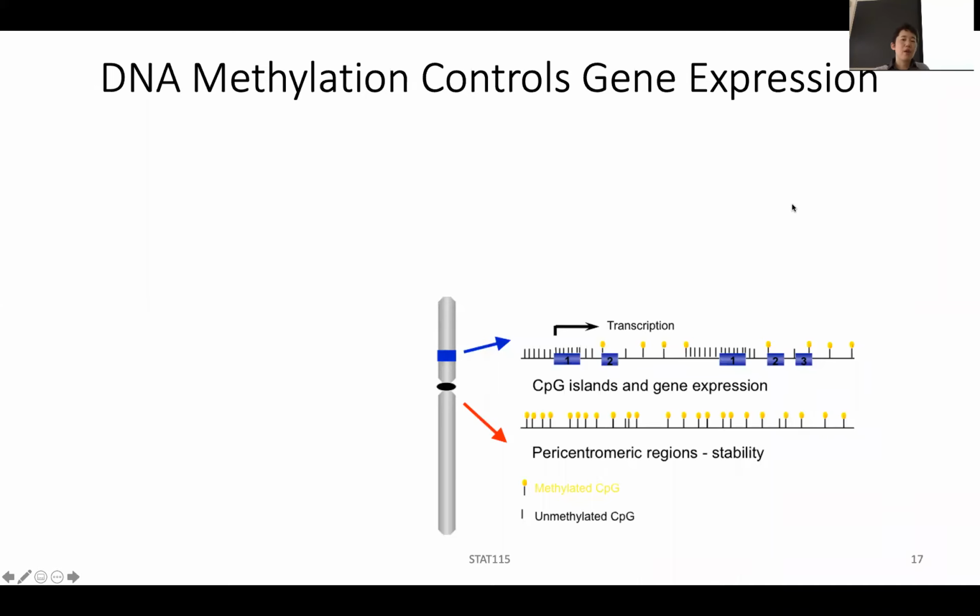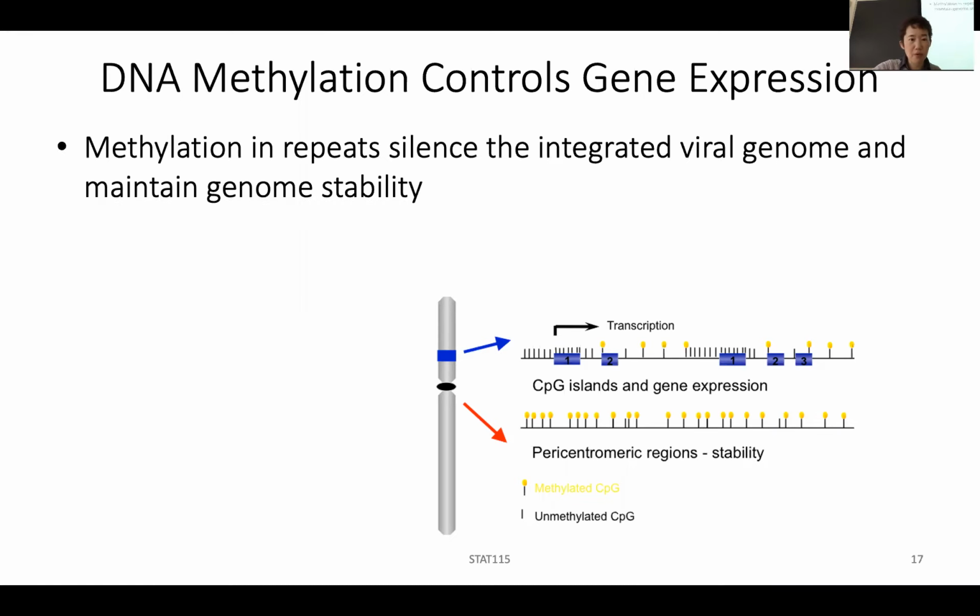So on the functional side of DNA methylation, we know that DNA methylation is very, very important to control gene expression. This is coming from a review paper. People don't actually know initially how DNA methylation came into the genome, because bacteria already have DNA methylation.